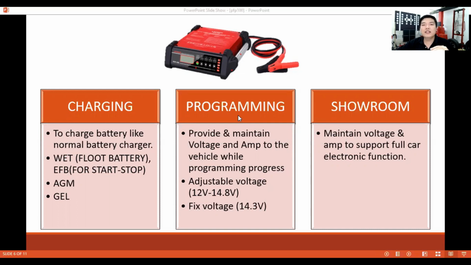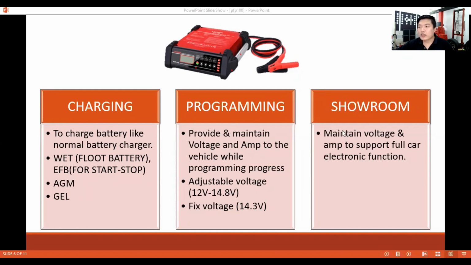How can you maintain the battery if you don't have a programming charger? You can only supply the voltage, but how can it create 100 amperes with a tiny wire? It cannot.